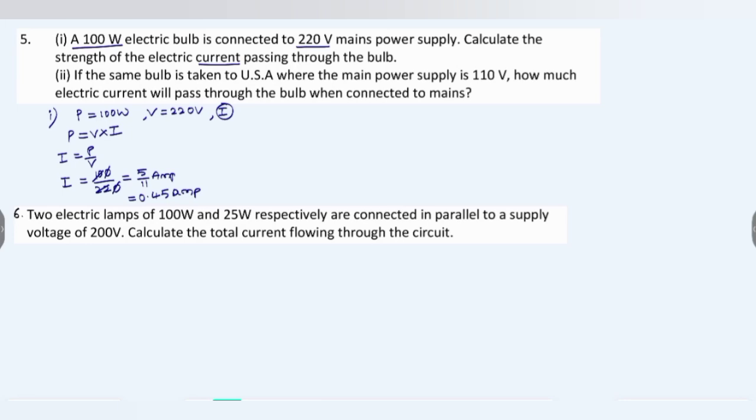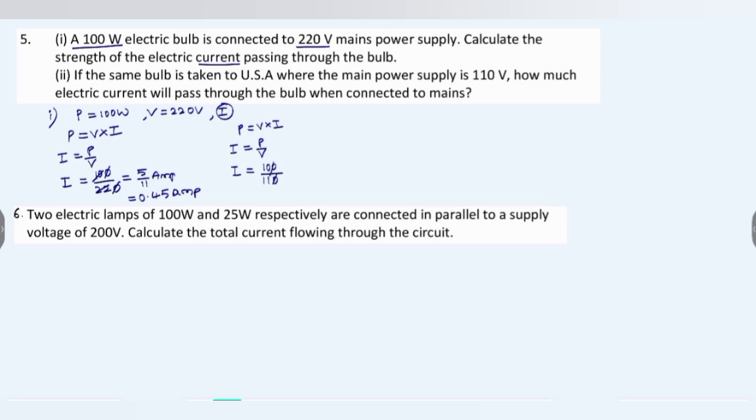Coming to second case, again same formula. P is equal to V into I. From that I is equal to power by voltage. In the second problem, same bulb, but it is connected to 110 volt. Before it is 220 volt, now it is 110 volt. So power is same, but voltage is different. Power is 100 watt only, but voltage is 110.